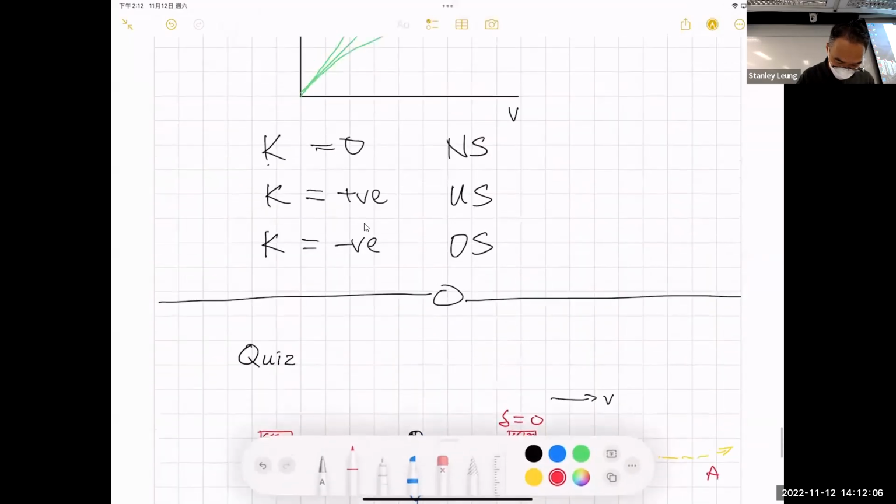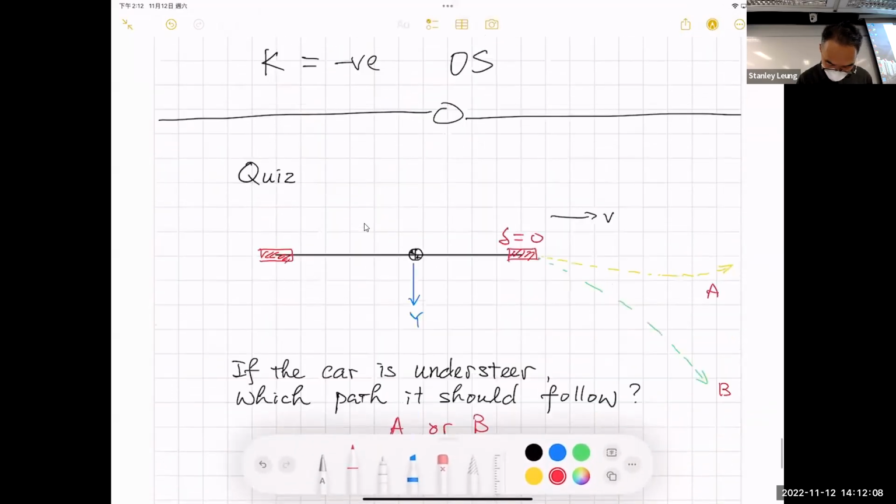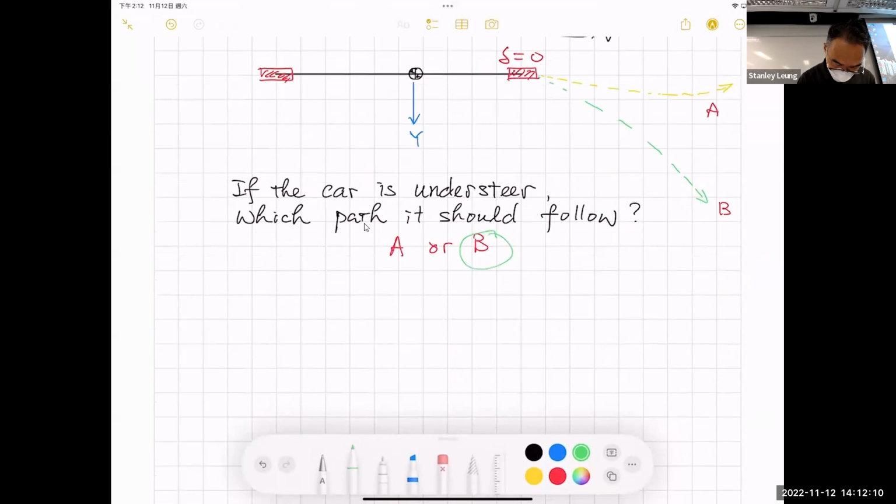B is correct. If you're not sure, you can go back and review a little bit. Okay, so maybe I amend this graph a little bit and make it clearer.